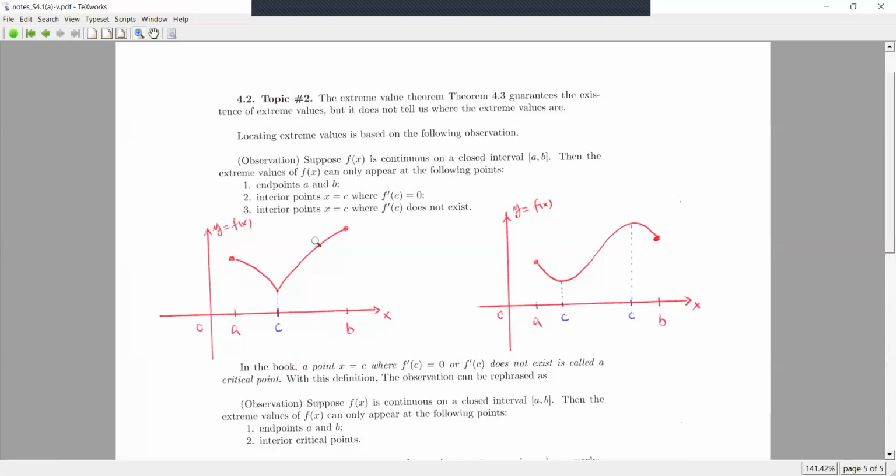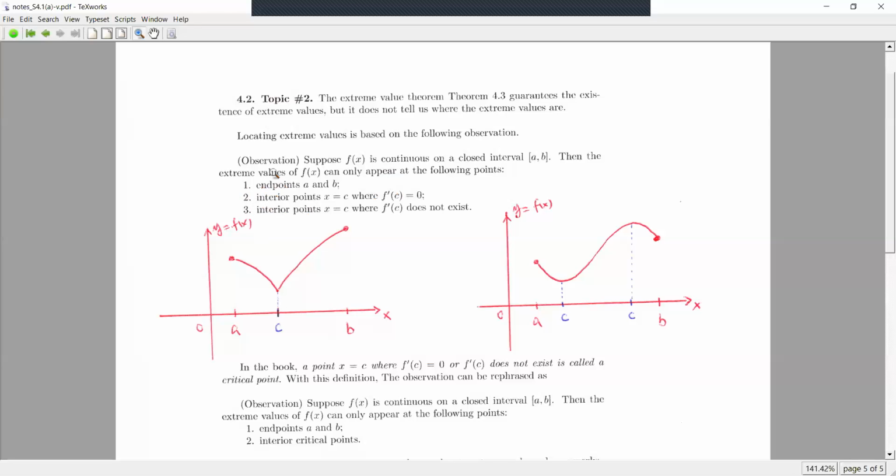The curve has the minimum here, the lowest point. At that point the curve has a corner, so the derivative doesn't exist.